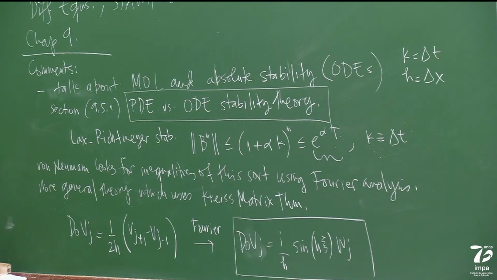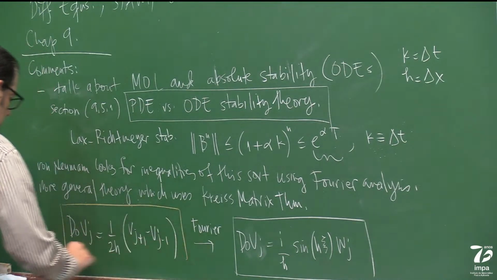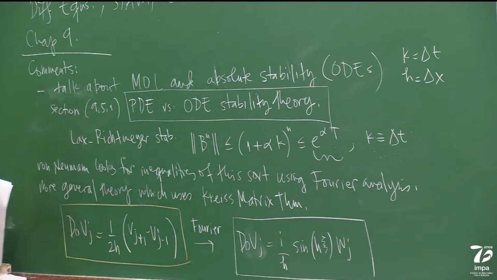You've done this, right? Even with the Crank-Nicolson homework, there's a little bit of this floating around, but just make sure. So look at this. If I have this discrete derivative and I go to Fourier, we know that derivatives can be written in matrix form.